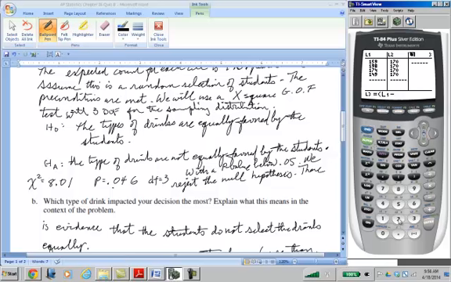Instead, it will give me how many standard deviations each cell is from the expected. Now, the first cell is almost 1 standard deviation less than expected. The second cell, the strawberry kiwi, is over 2 standard deviations over.